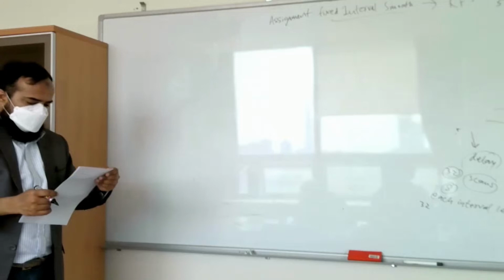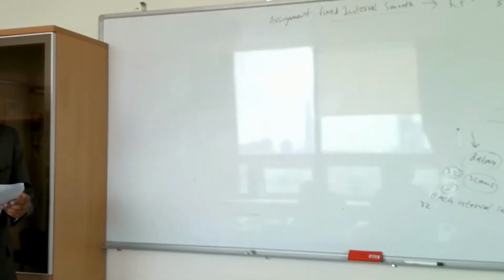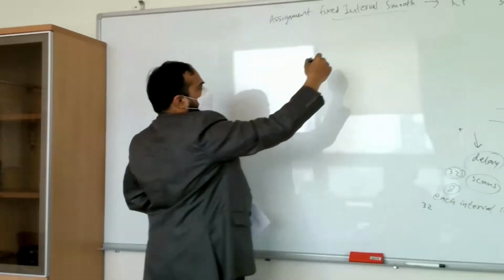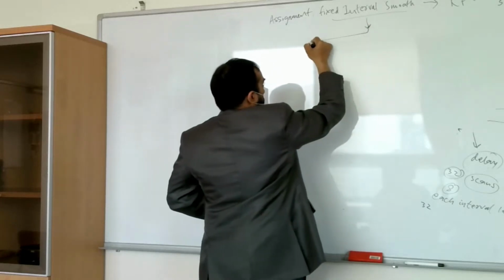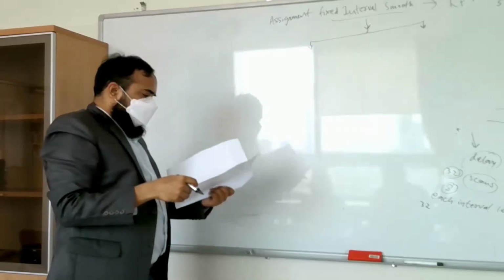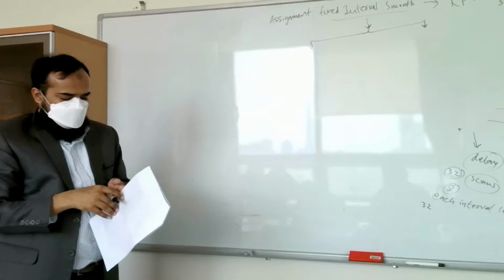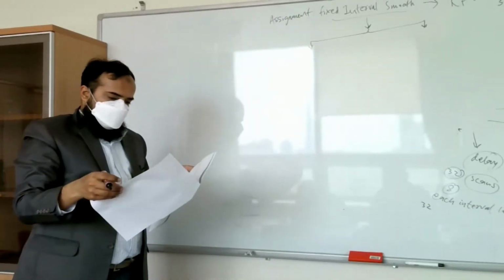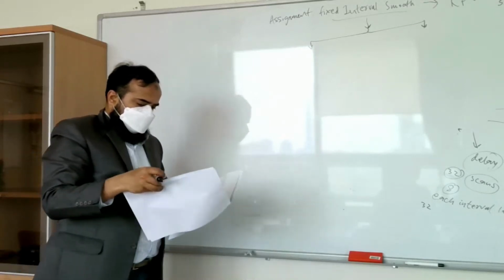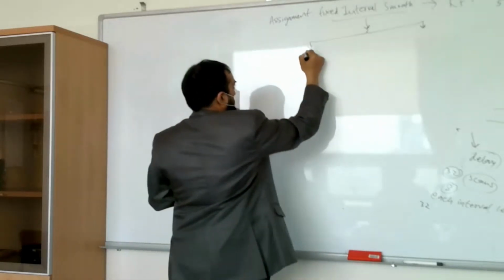So there are two ways for fixed interval smoothing. One is using some formulas. This is very easy and convenient. This is known as the two-pass filter.